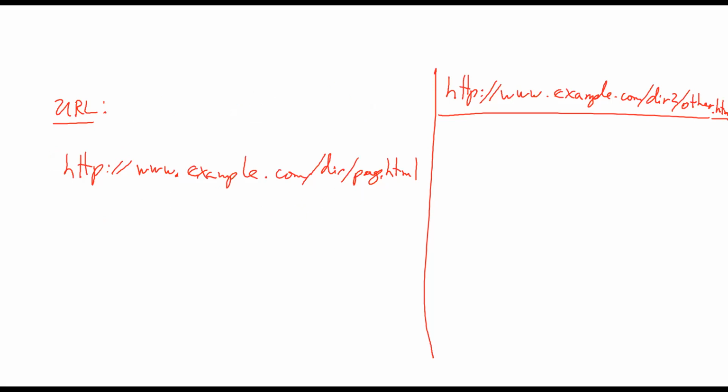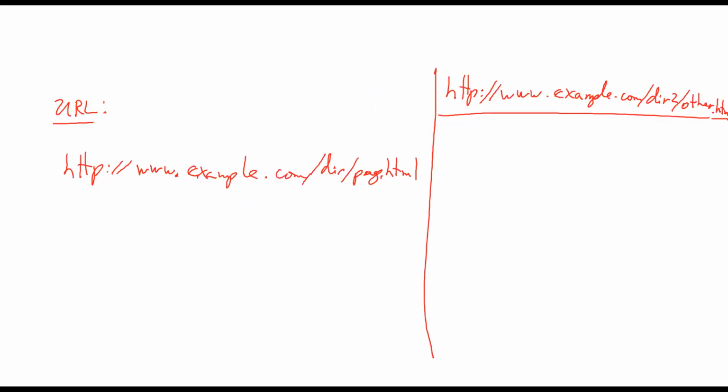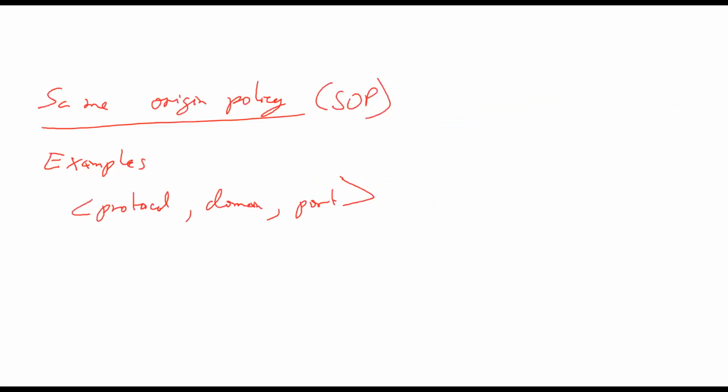And the port here is not shown, right? Probably port 80. Okay. So if it's not shown, let's assume they're both the same. So what do you conclude? Is it just a different session? No. The definition of SOP is that they're defined to have the same origin if these three things are the same.